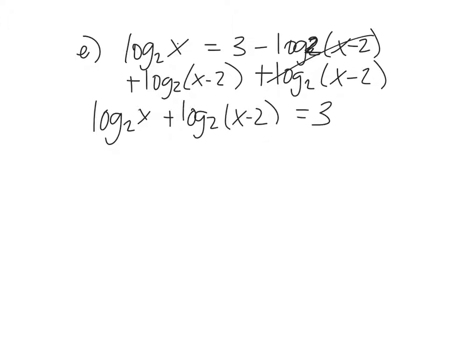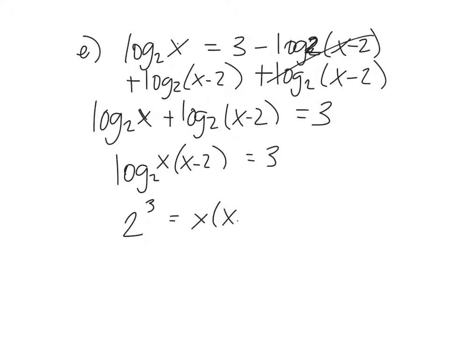So now I have two logs added together, so I can use my product property and multiply their insides together. So now when I rewrite as an exponential, I have 2 to the third equals x times x minus 2. So that way I get 8 equals x squared minus 2x.